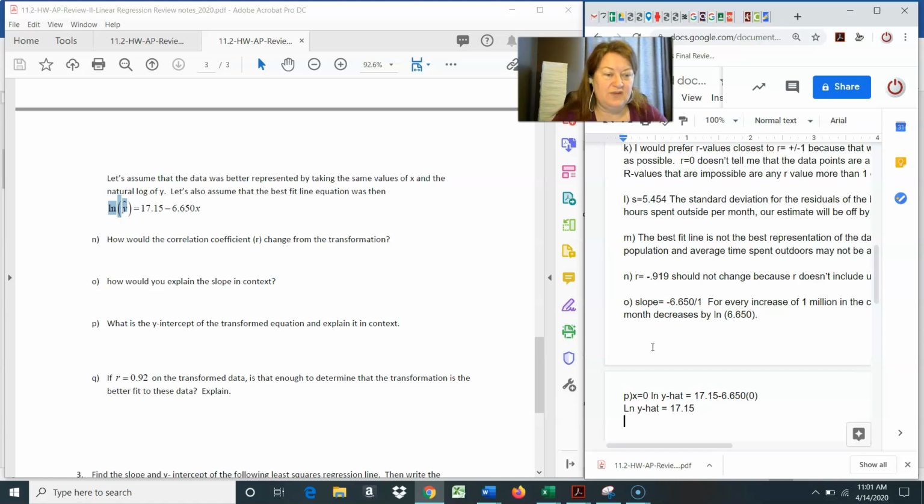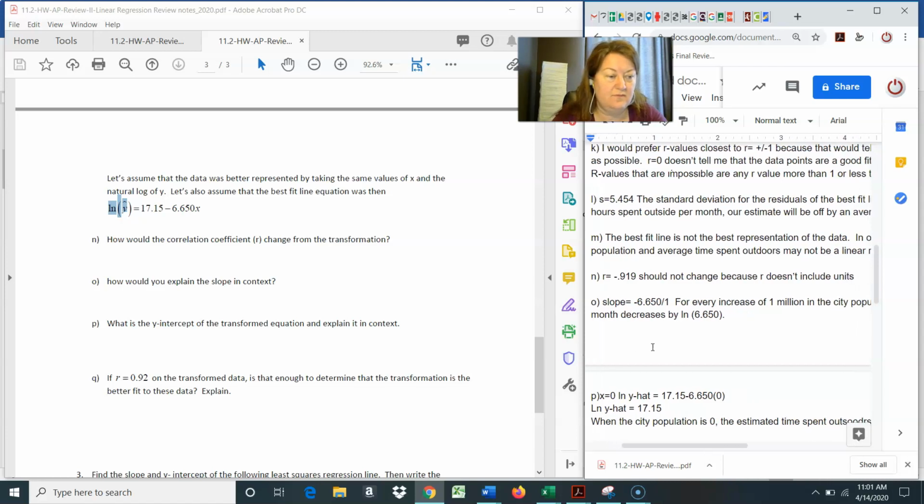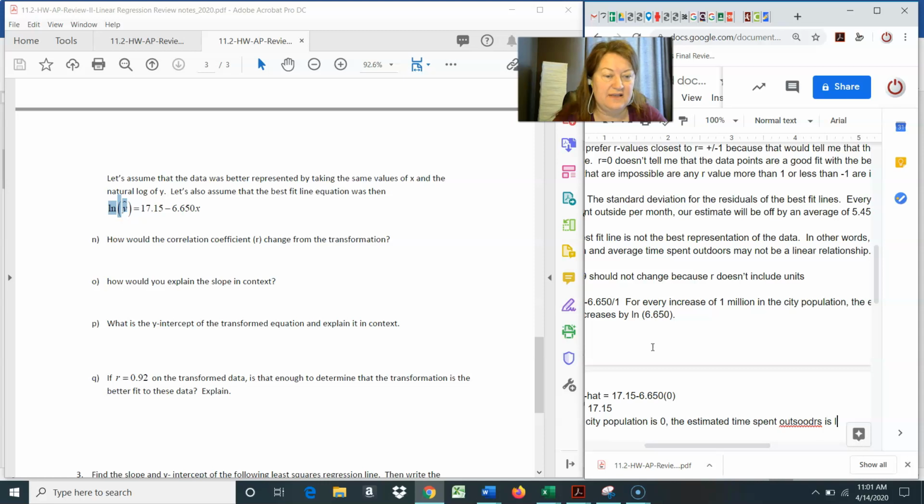When the city population is 0, the estimated ln of time spent outdoors is 17.15.